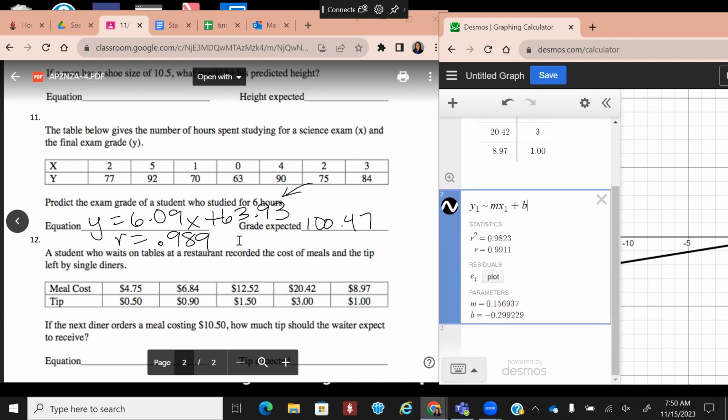So our equation is going to be y equals 0.16, or you could say 0.156, that's fine, x minus 0.299. So down here at the bottom, it's got our m and our b. And we know that y equals mx plus b is our formula for our linear line. You're going to plug in m and plug in b.